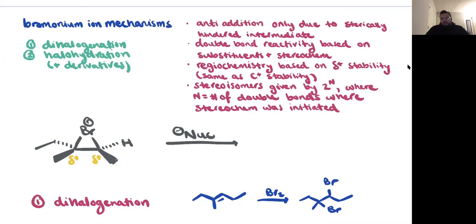So in terms of where you might want to attack, you need to consider the fact that the partial positive on the right is tertiary, the one on the left is secondary. And if there's one thing you should remember, it's that partial positive stability mirrors carbocation stability.